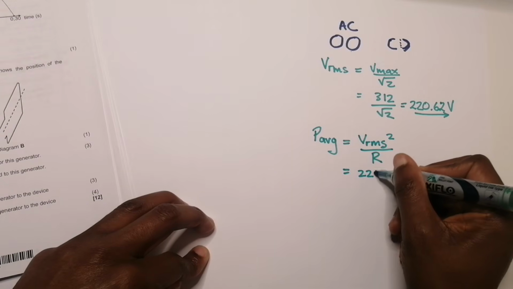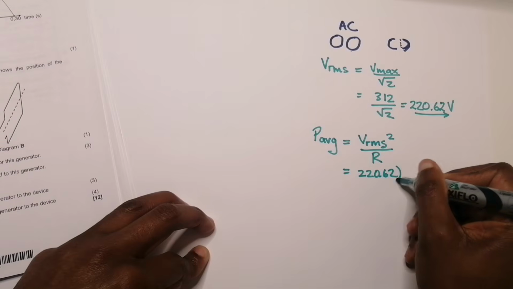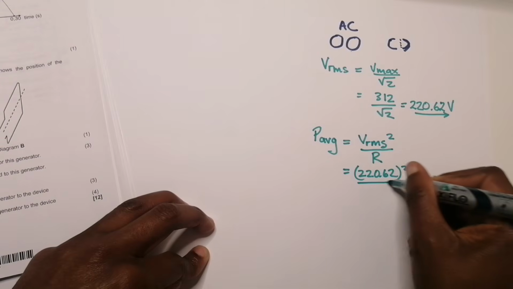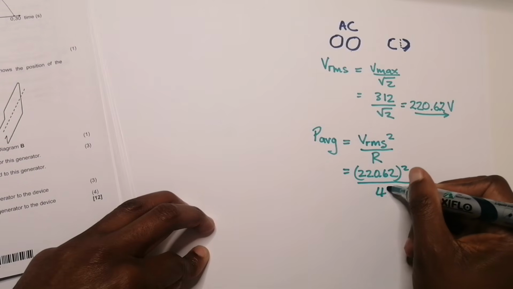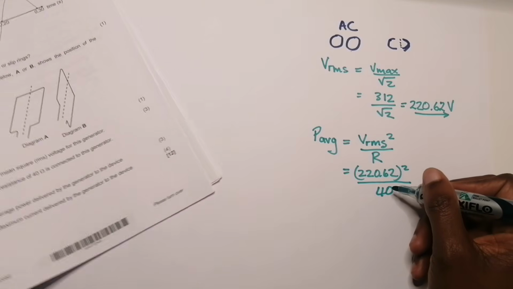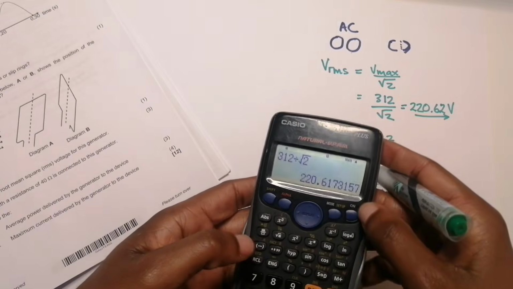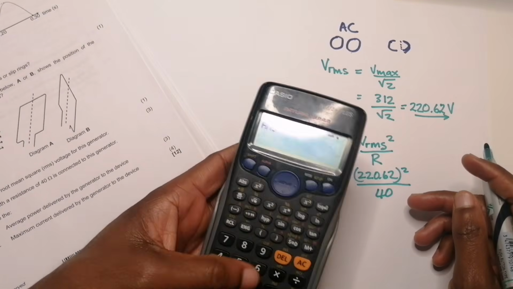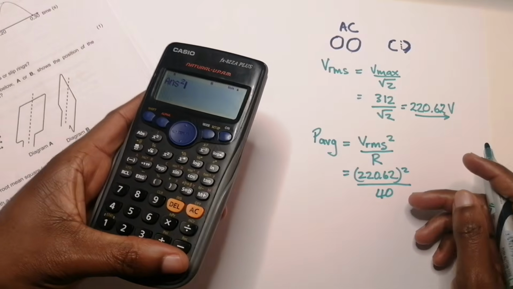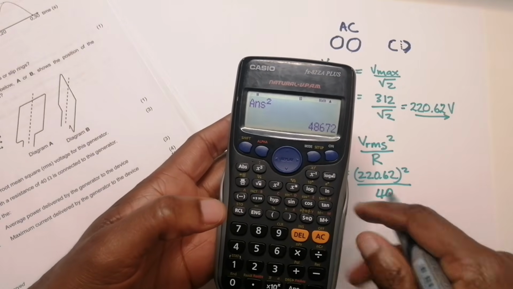So this is 220.62 squared divided by 40. I still have this in my calculator, so I'm just going to square that value, and there's the answer.